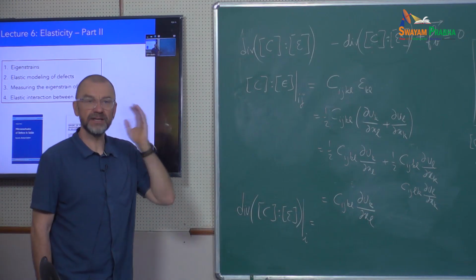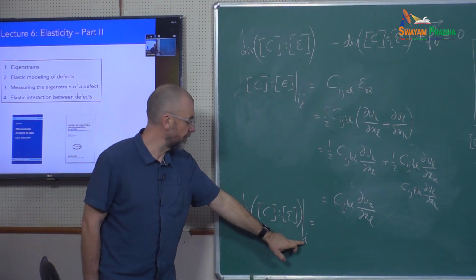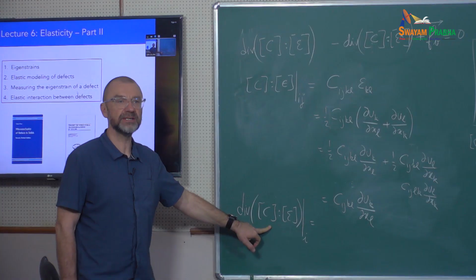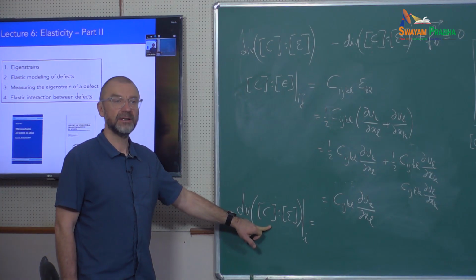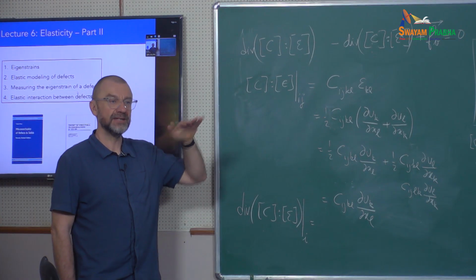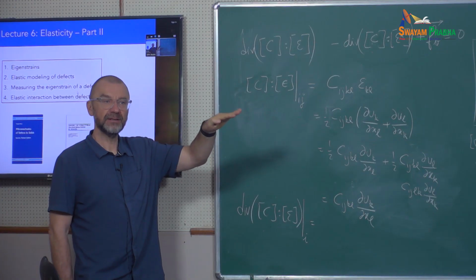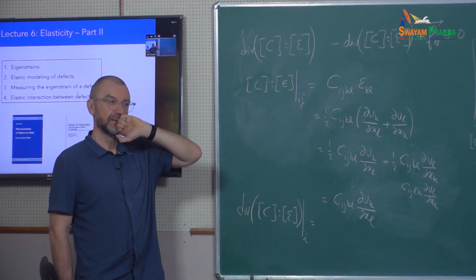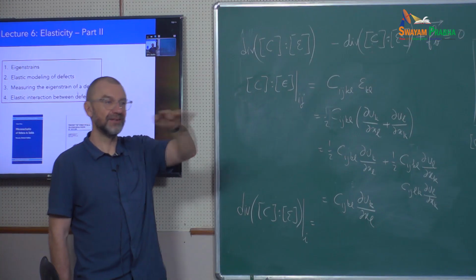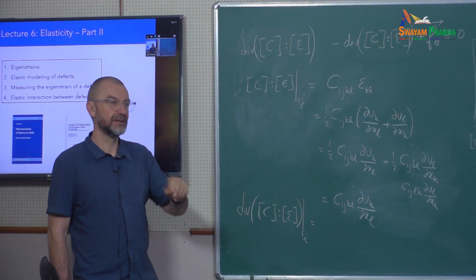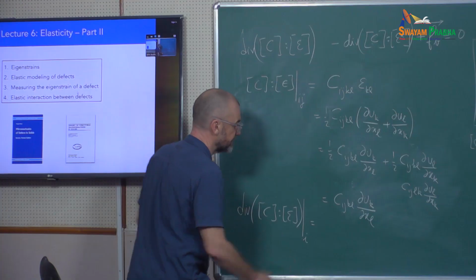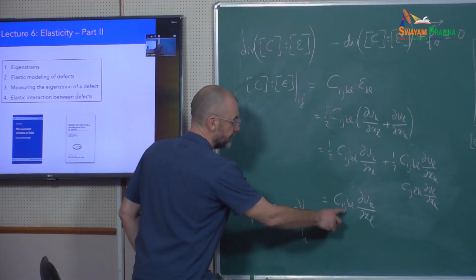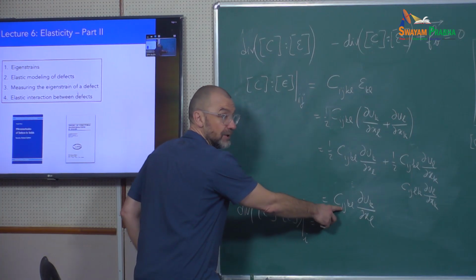What did we say yesterday? The ith component of the divergence of a matrix is? Yeah, it's the divergence of the ith line of the matrix. So if I take the divergence here, I would take the divergence of the ith line, so I will not change i.